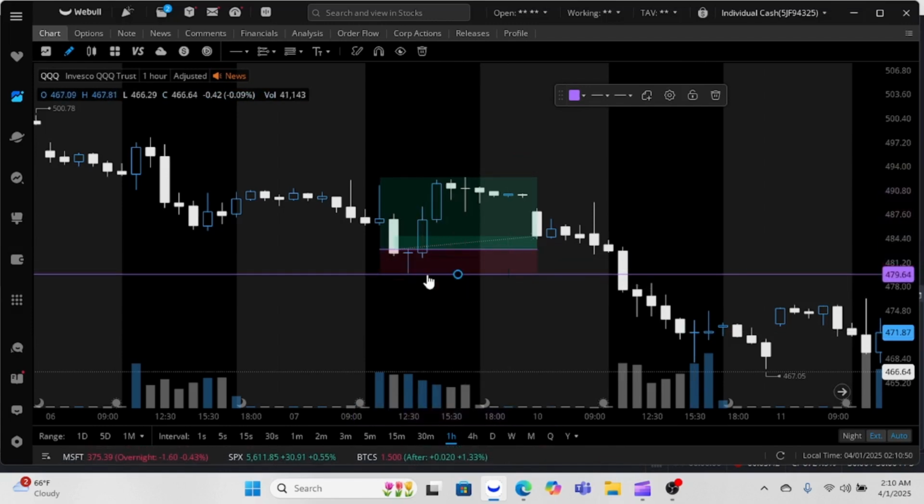So there's going to be stop losses below swing lows.